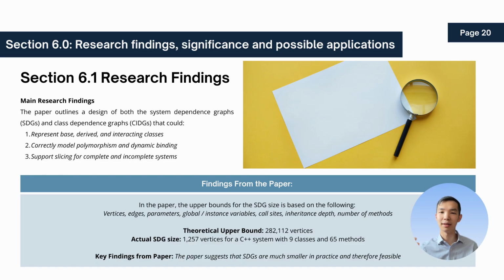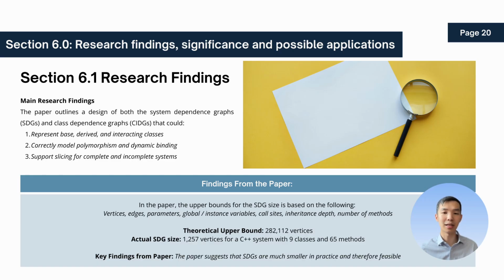The second part of the paper talks about the combination of CIDGs and SDGs. This combination allows representation of the base class, the derived class, and even interacting classes. Following that, it also correctly models polymorphism and dynamic binding, polymorphism being one of the OO concepts that was talked about earlier.